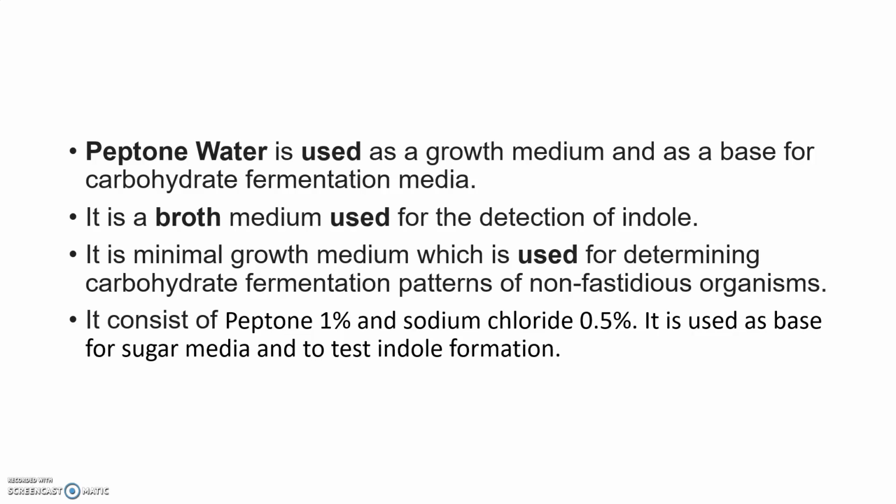So in the case of non-fastidious organisms, it is a minimal growth medium used for determining carbohydrate fermentation patterns. It consists of peptone 1% and sodium chloride 0.5%. So these are the ingredients.